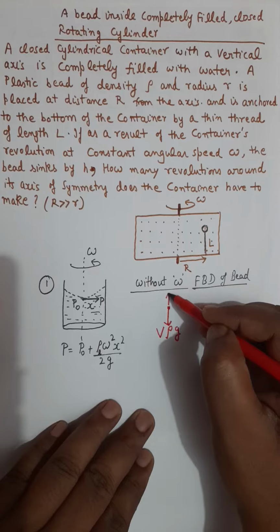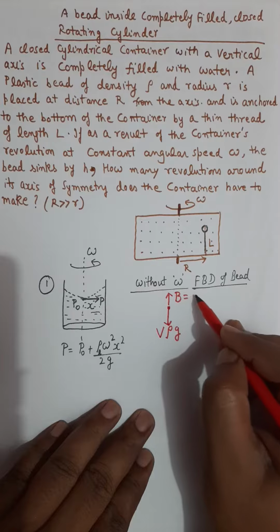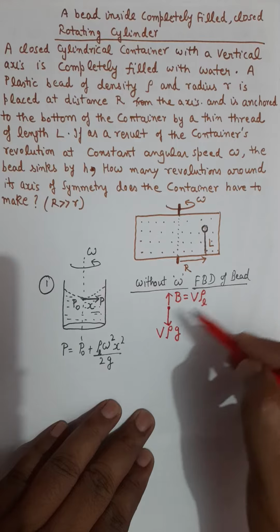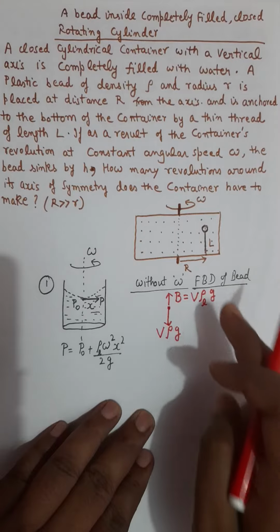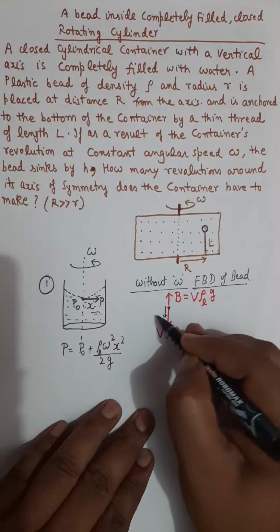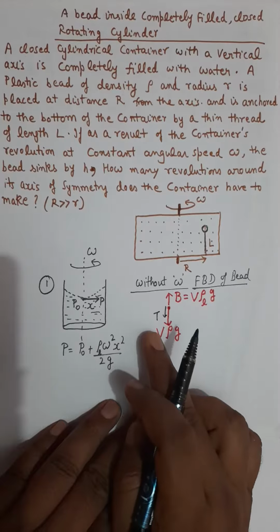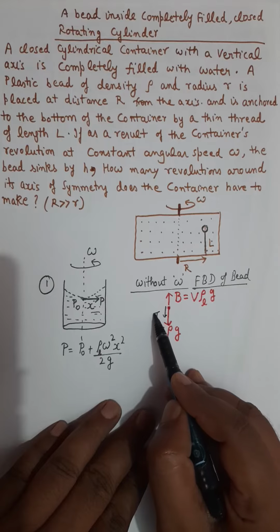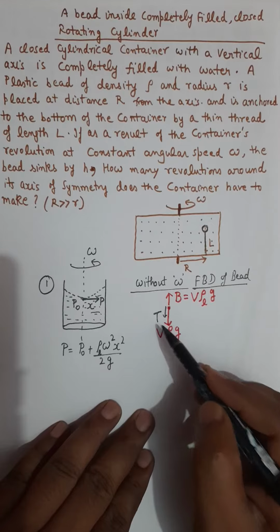and buoyancy will be in the upward direction, which as per the Archimedes principle should be volume displaced, V, multiplied by the density of the liquid in which the object is submerged, times g. And since it is connected by the string, it will have capital T, which is the tension force. For tension to be a positive number, because tension force mathematically can never be negative, tension has to be positive.